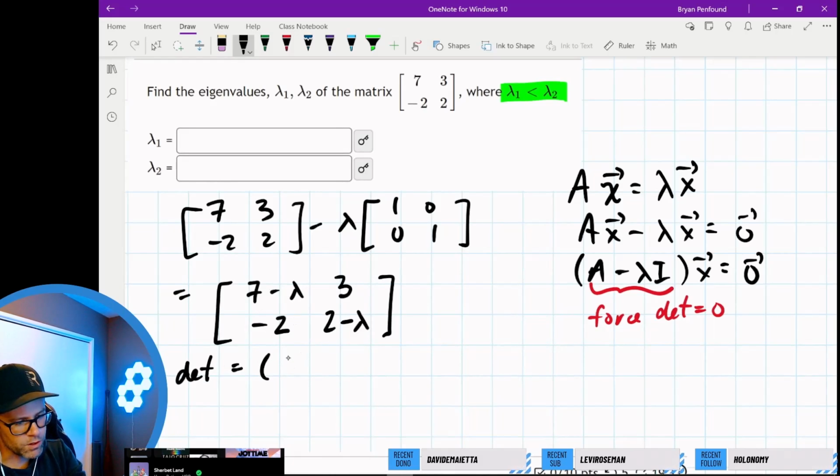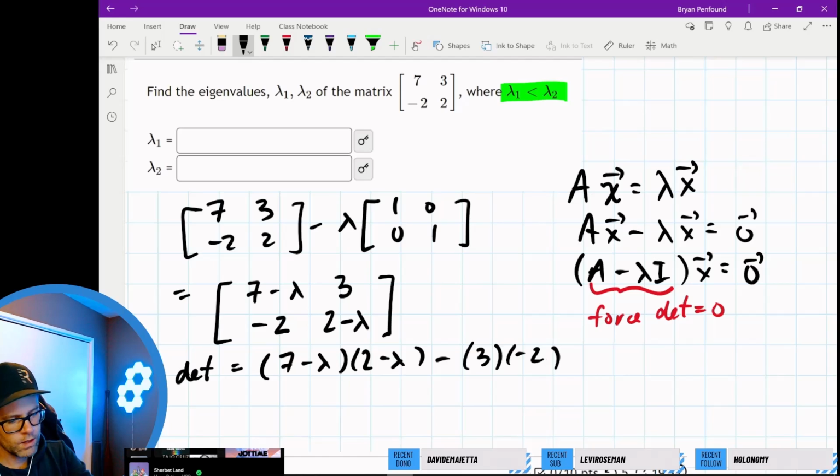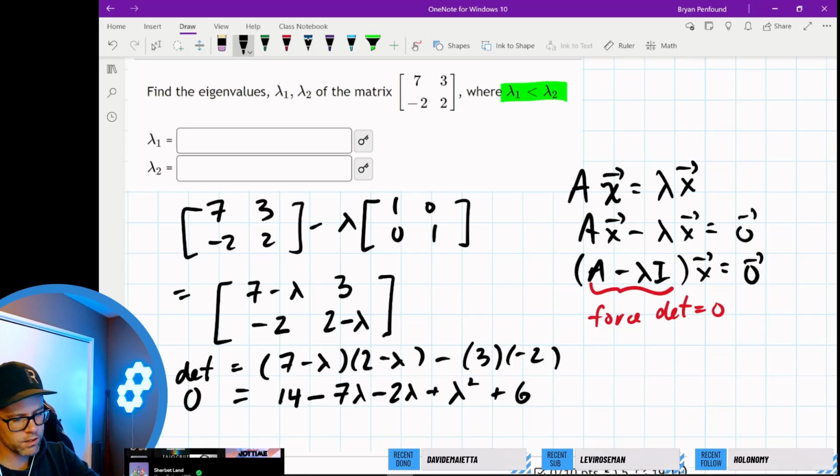and see what happens. This should give us 7 take away lambda, times 2 take away lambda, and a subtraction of 3 times negative 2. Let's set this equal to 0, and we should get 14 minus 7 lambda minus 2 lambda plus lambda squared, and then a subtraction of negative 6, so it's really plus 6.